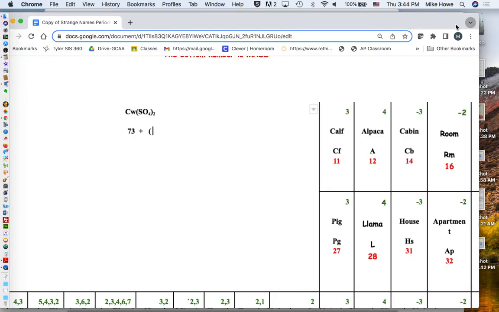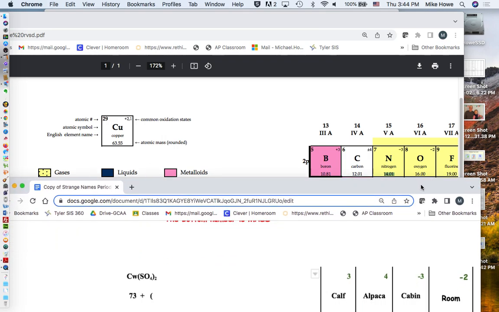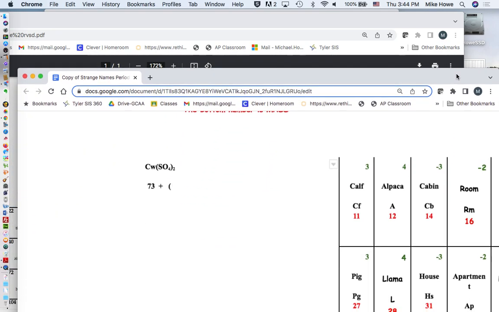All right, so going back to this, sulfur was 32. Remember 32 right there. Oxygen was 16. So we're going to have 32 plus 16. However, the 16 has a 4 after it. There are 4 oxygens, so I have to multiply the mass of the oxygen by 4. Then I'm going to close the parentheses.